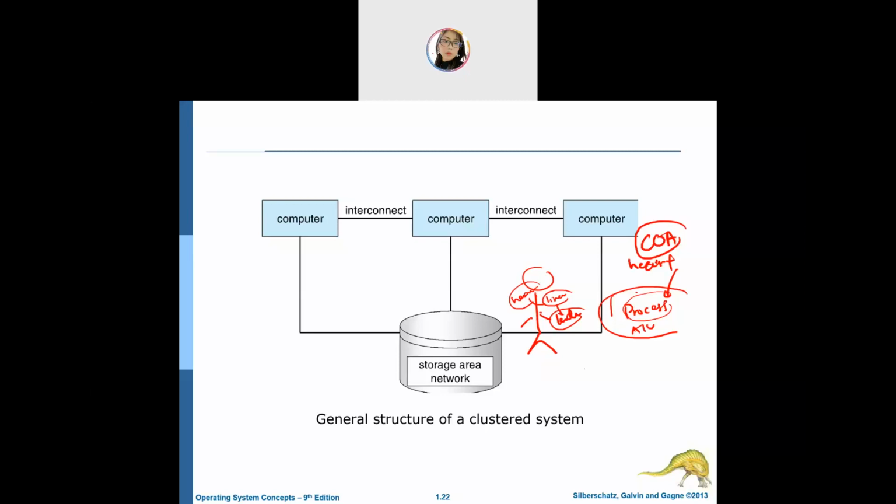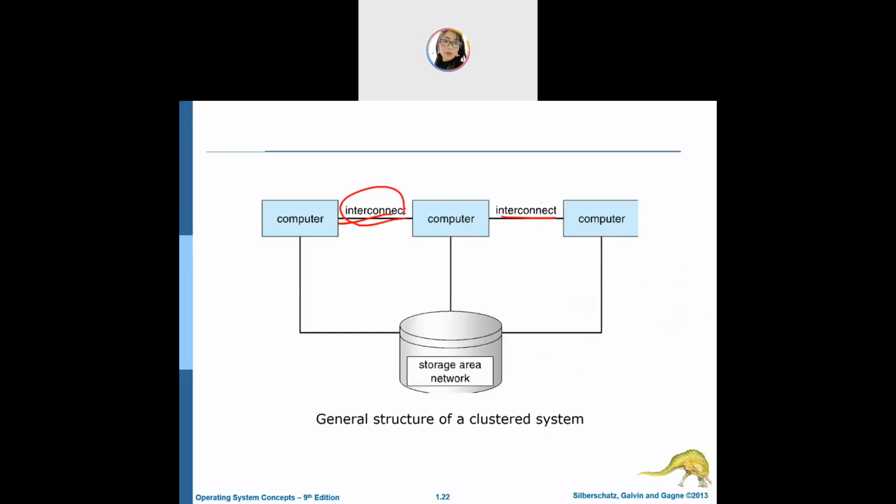Similarly in your computer. When you have a CPU, hardware for input output, and storage, you need to have interconnections. And normally under the COA subject, what you call the interconnection is the system bus, isn't it?